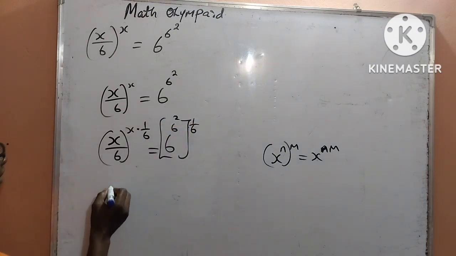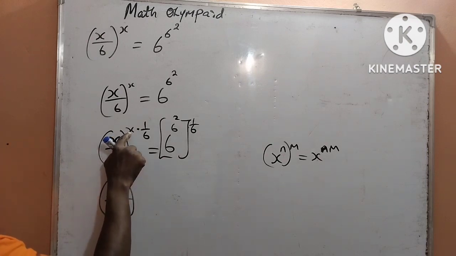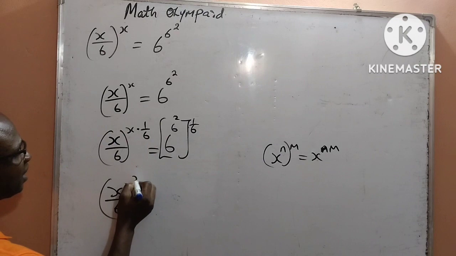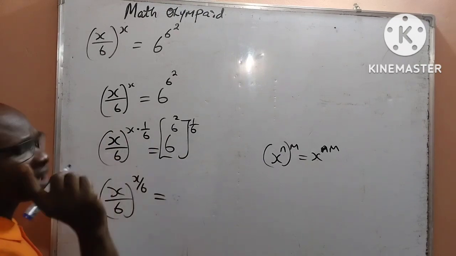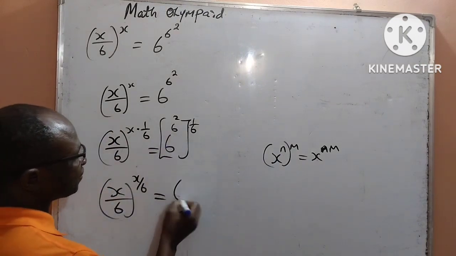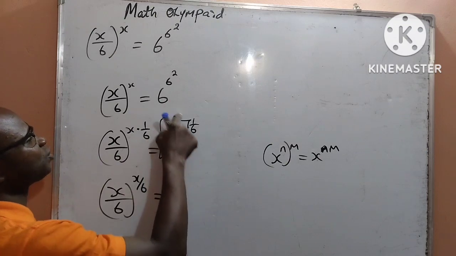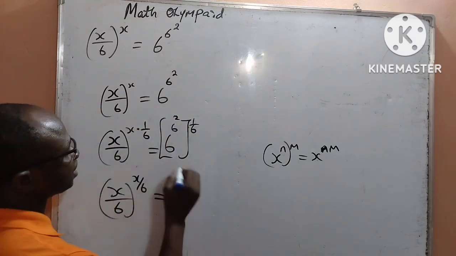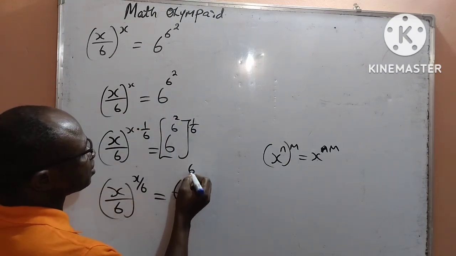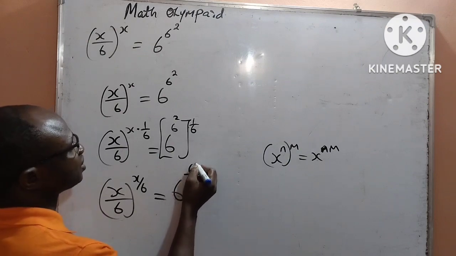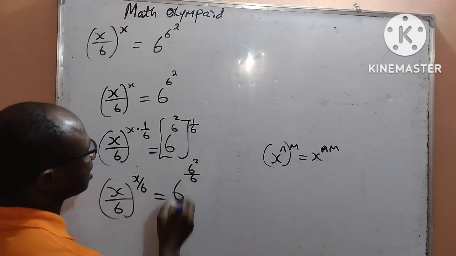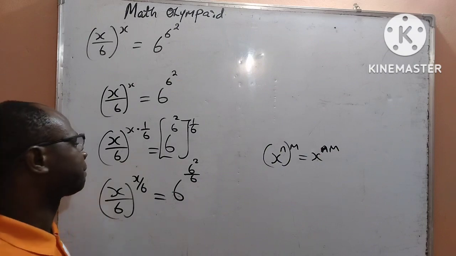And doing that, I shall have (x/6) to the power of x times 1 over 6 will give me x over 6, equal to, I will also have 6. Then 6 to the power 2 multiplied by 1 over 6 shall now give me 6 to the power of 2 over 6. This is what I shall have now.